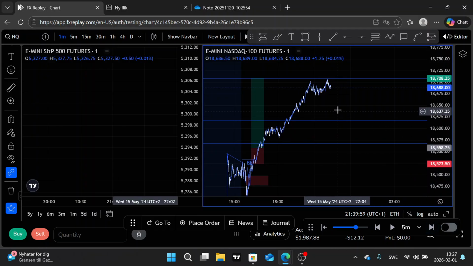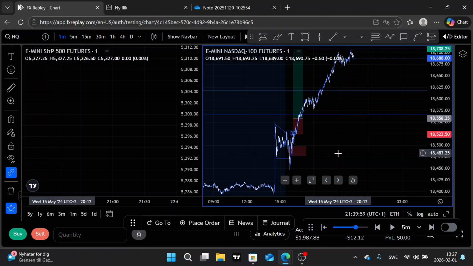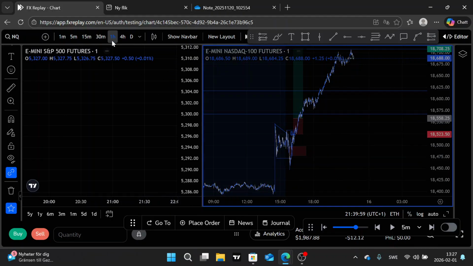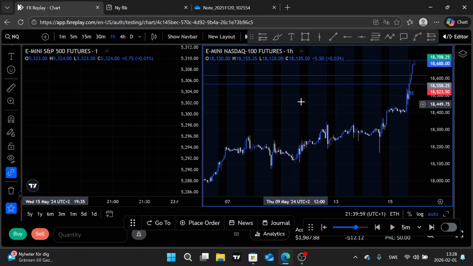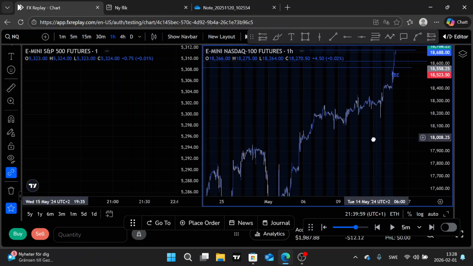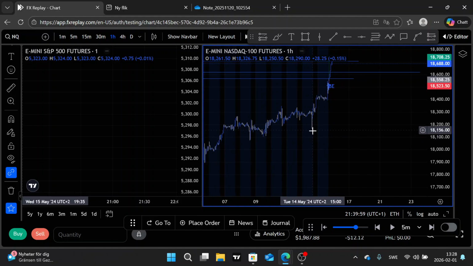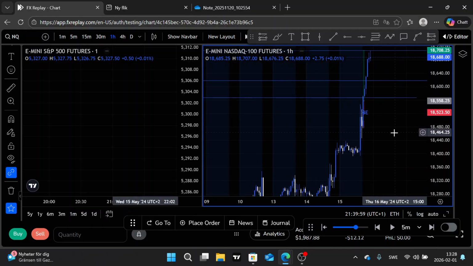Here we go. So this was a really good trade, actually. I am very satisfied with how I analyzed this trade.